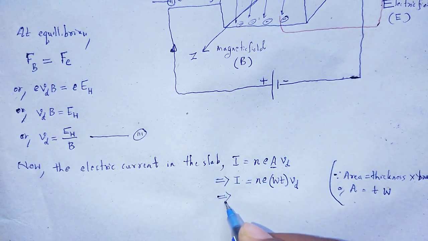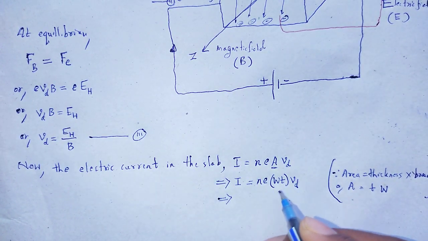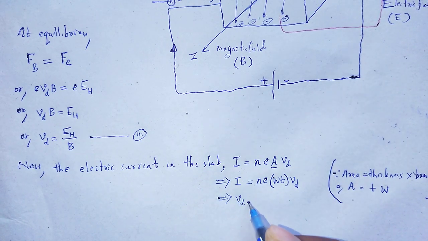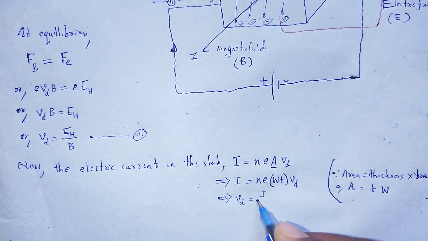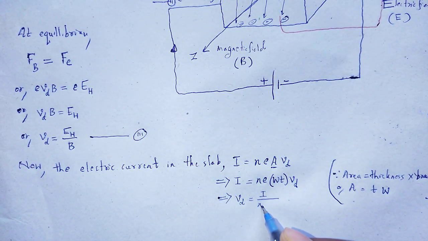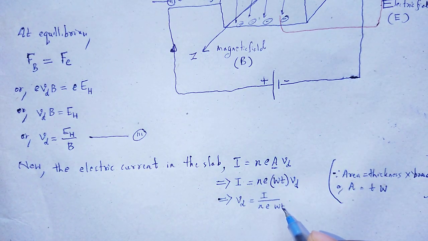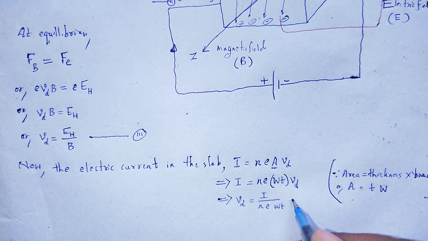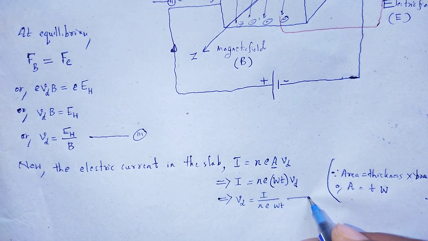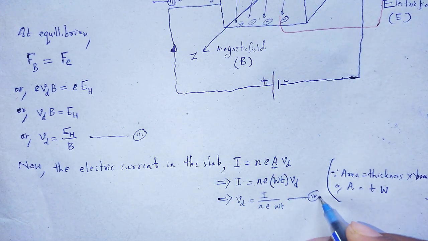Which implies drift velocity Vd is equal to I divided by N e W into T. That is equation number 4.